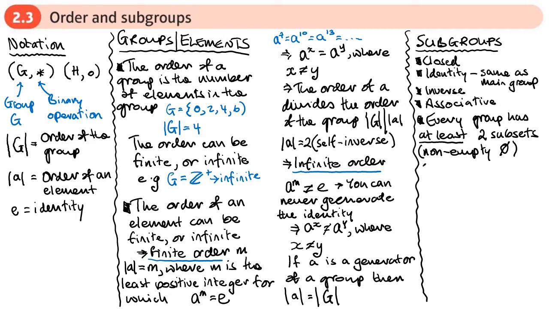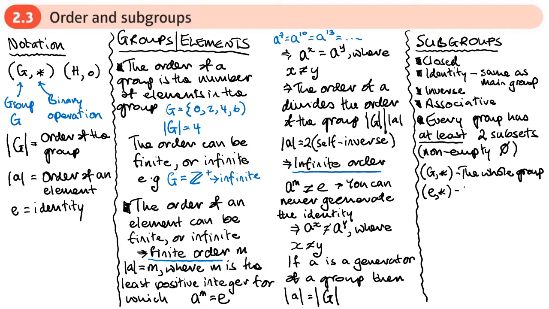One subset of a group is actually the group itself, the whole group. And one other subset is what we call the trivial set, and this only contains the identity.